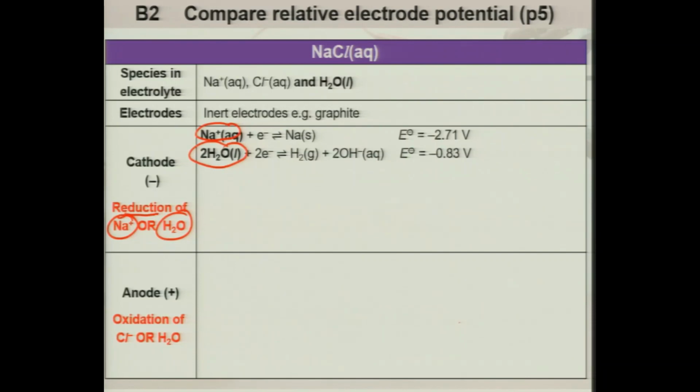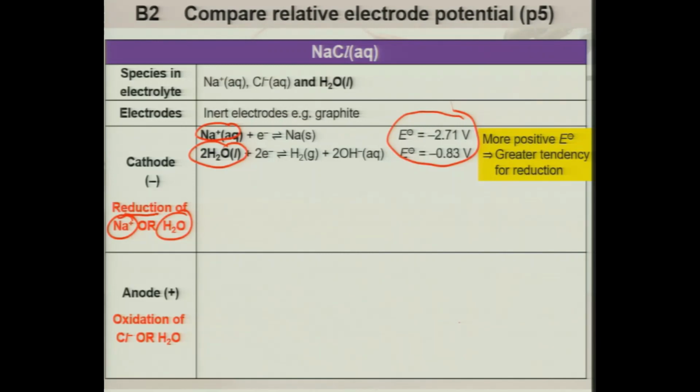Now that I have these two E naught values, how am I going to decide which one undergoes reduction? Remember this: a more positive E naught tells you that the equilibrium position lies to the right. Correct? So it has a greater tendency for reduction.